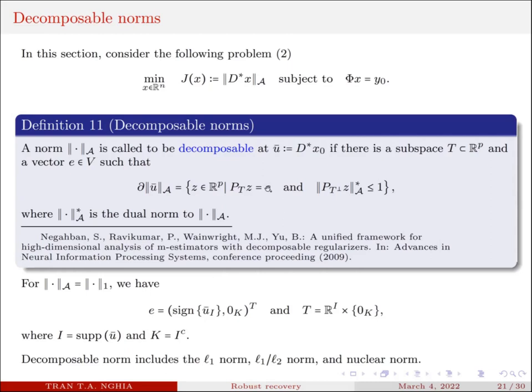This unit vector e is nothing but the sign of u_I, I is the active set, right? And I^c right here is the complement of I. T is the subspace R^I times 0. And as I mentioned, the decomposable norm includes the L1 norm, L1,2 norm, and nuclear norm. So it covers the three main classes I want to talk about today.